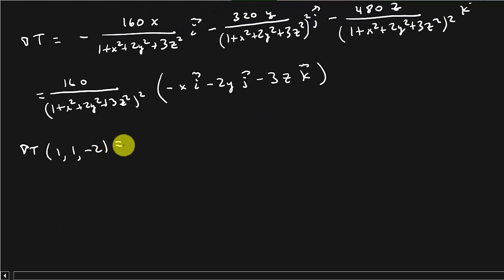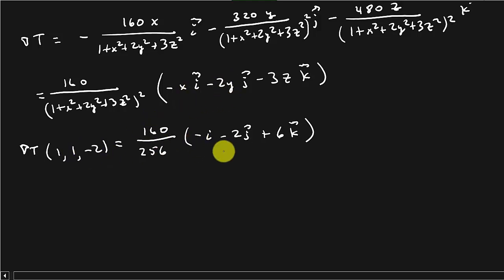That is going to be 160 over, and when you plug that in here, you get 256, times negative i minus 2j plus 6k. I plugged the 1 in for x, so that's the negative 1. Plug the 1 in for y, so that's the negative 2. Plug the negative 2 in for z, so negative 3 times negative 2 gives you the plus 6.